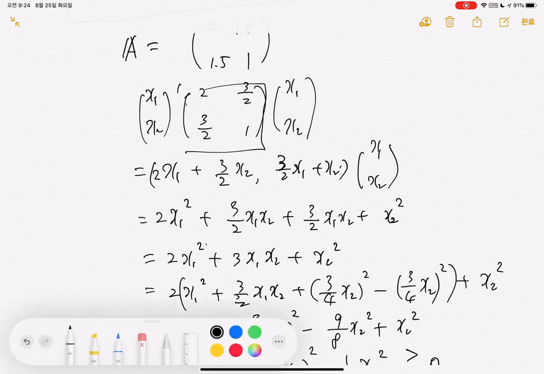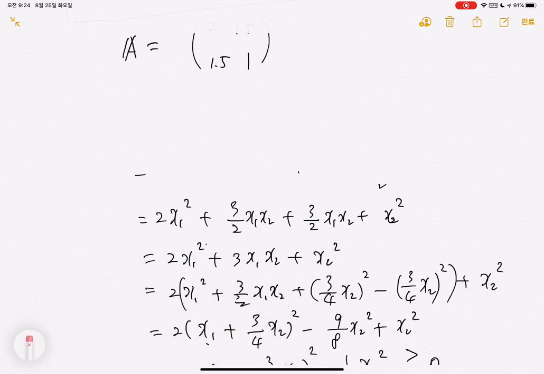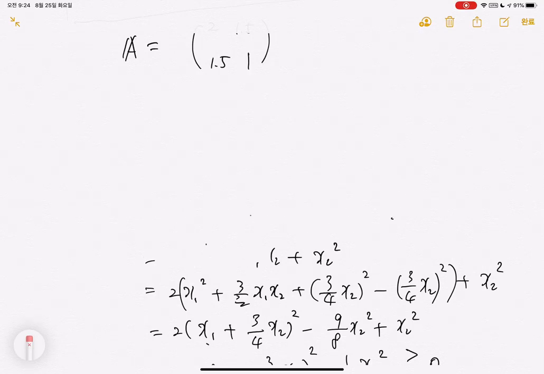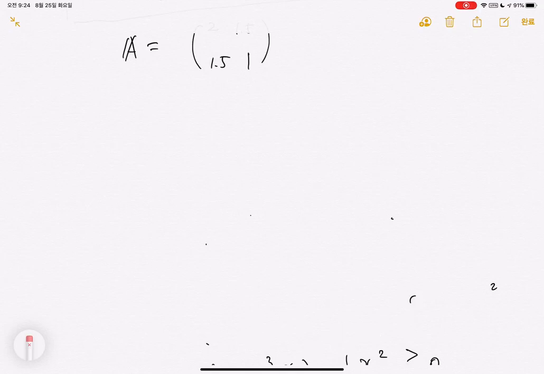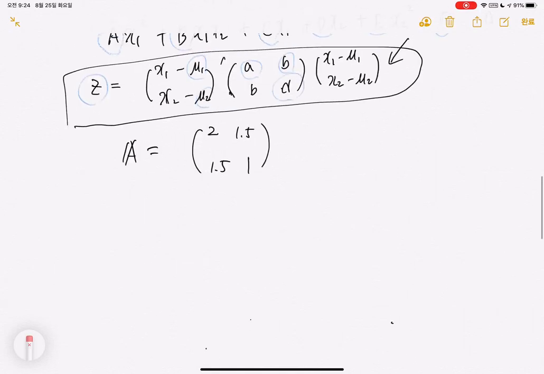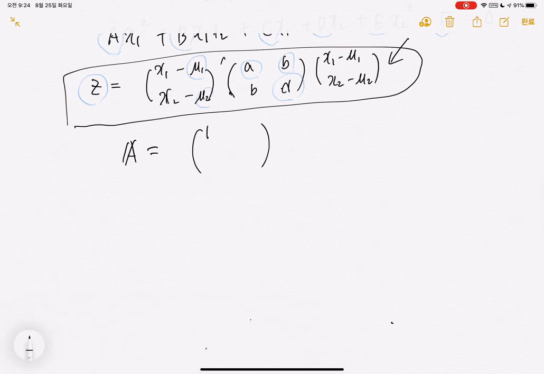But there is another interesting category of such matrices, which is positive semi-definite. So consider this matrix.